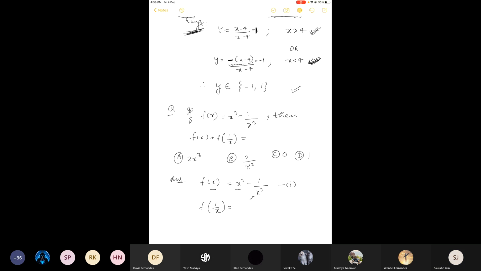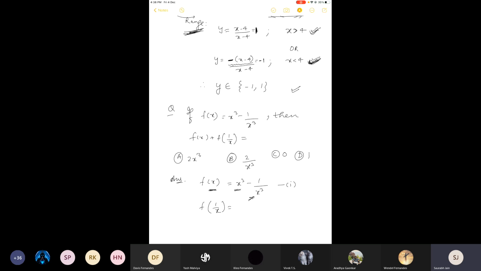If in place of x I put y, then it will become f(y) and the output will be y cube minus 1 by y cube. Suppose I write t, so f of t will be t cube minus 1 by t cube by the given relation. Now they want to replace x by 1 by x, so let us do it.